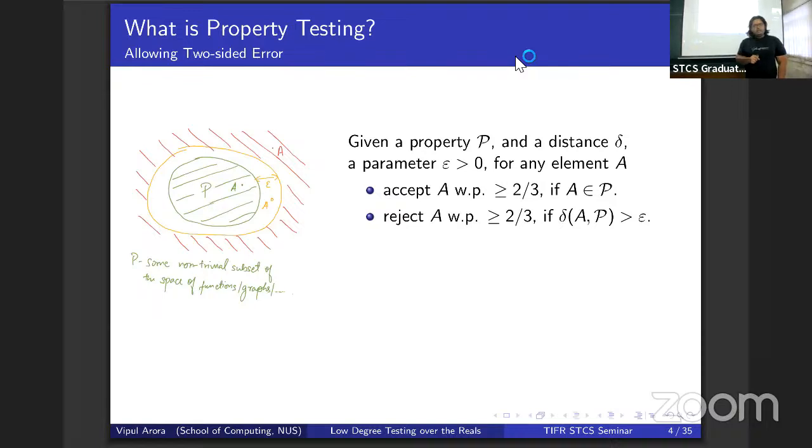That I think is not possible. If you shrink this angular region where the algorithm is allowed to fail, you are asking a bit too much from the algorithm. But I think in many situations you can make the rejection probability essentially equal to this epsilon. For example, the BLR test, etc. The further you are from the property you care about, the more your test will reject. There's some trade-off, but usually there's some connection between what the 2/3 is and this. But I don't think you can get a half plus epsilon. Okay.